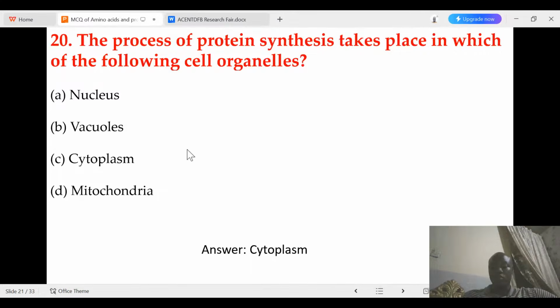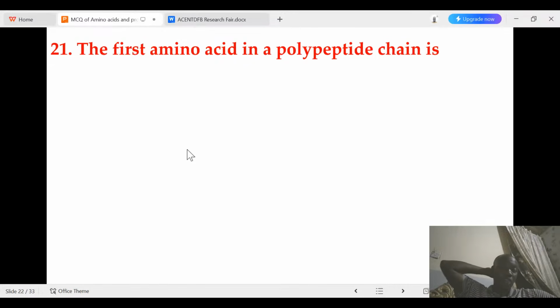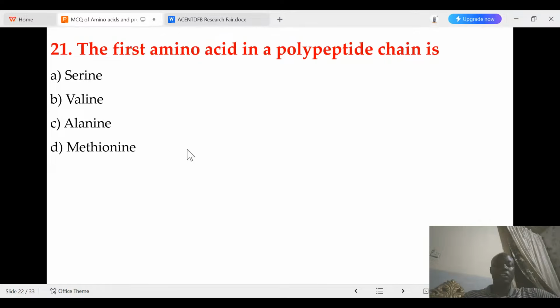Then question 21. The first amino acid in a polypeptide chain is A, serine, B, valine, C, alanine, D, methionine. Which of the amino acids is the first amino acid found in a polypeptide chain? Let me see who can give me the answer.